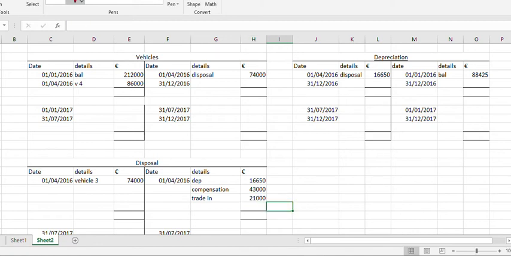Okay, now we have to balance this off. To balance an account, you add up both sides and see which side is bigger. The debit side is bigger, so that number is going to go on both sides.